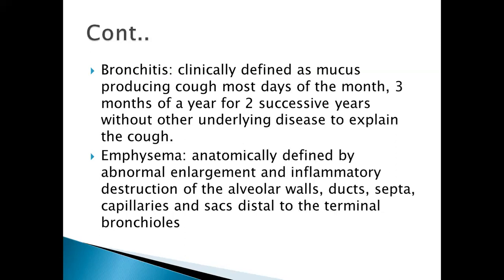This person should have, as the explanation says, a cough that is mucus producing, variable in quantity and character. And then this person should have had a cough for at least 3 months consecutively for 2 successive years.